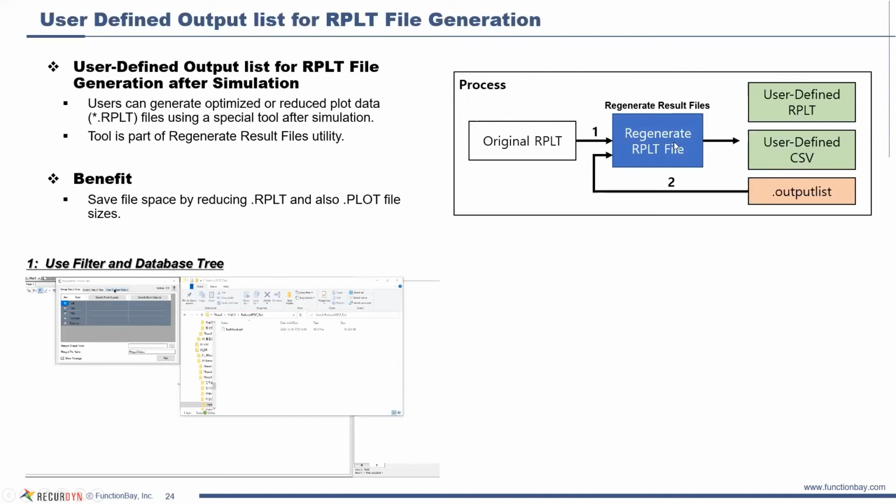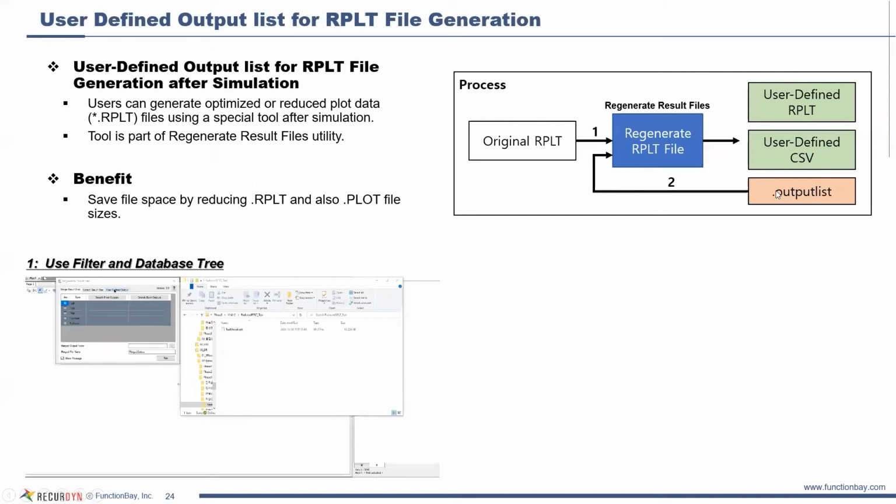Once that utility is used, it'll generate the new user-defined RPLT, which is a smaller file. It'll also generate a CSV file containing the same data, and it will generate an output list, which saves the list of all the outputs that the user had chosen.